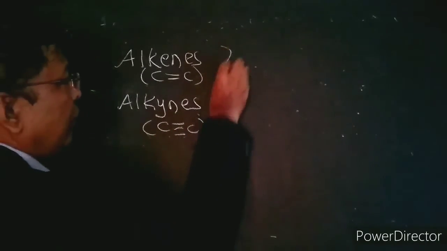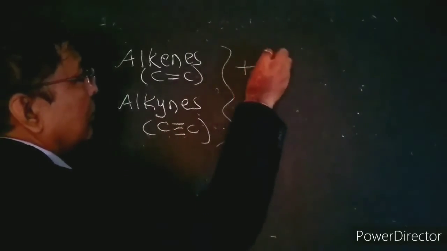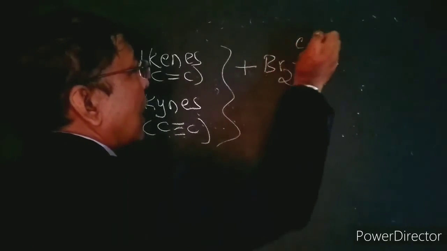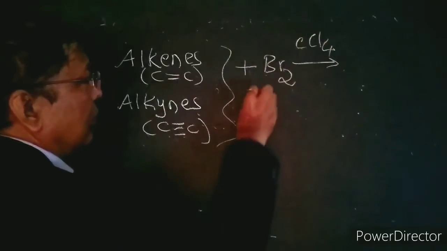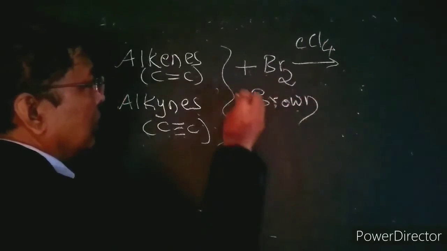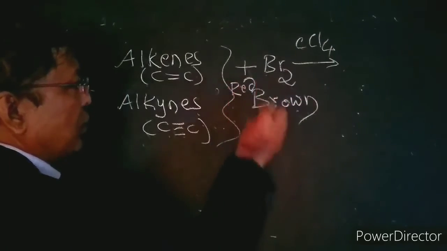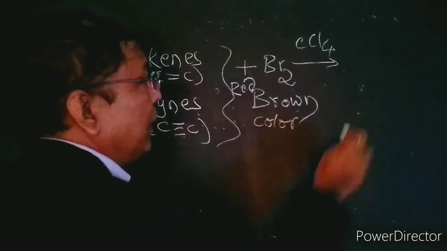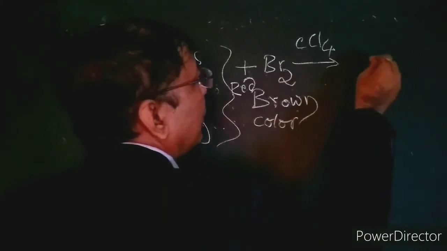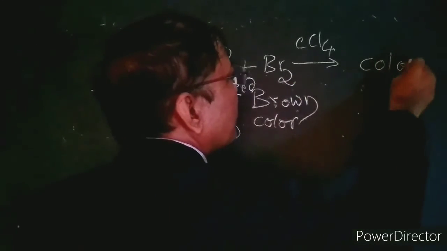If we add bromine in carbon tetrachloride, bromine has a reddish brown color. Immediately, the reddish brown color of bromine disappears and the solution becomes colorless.